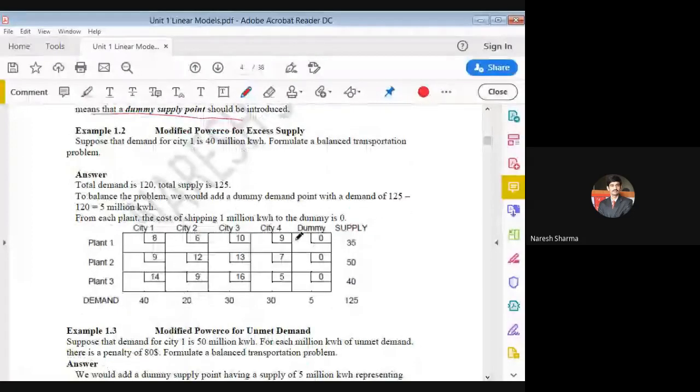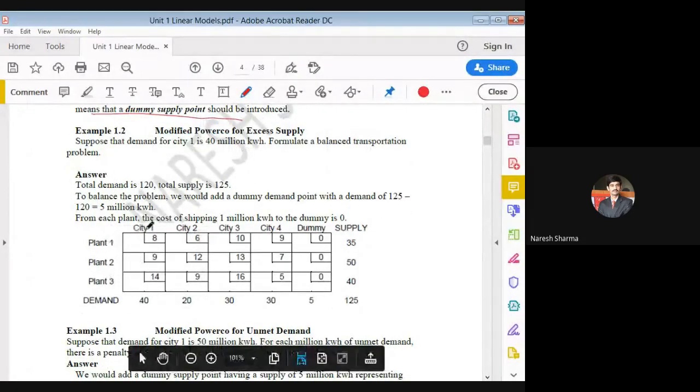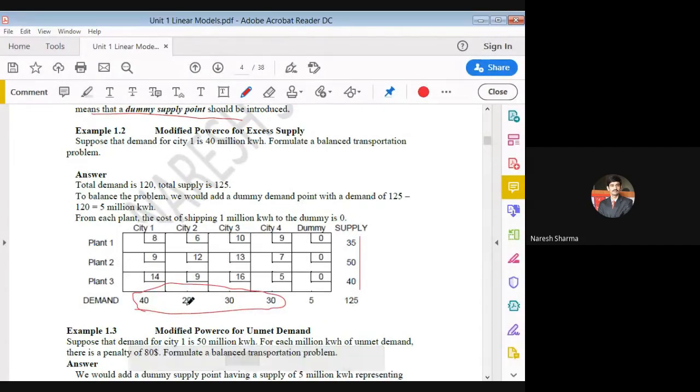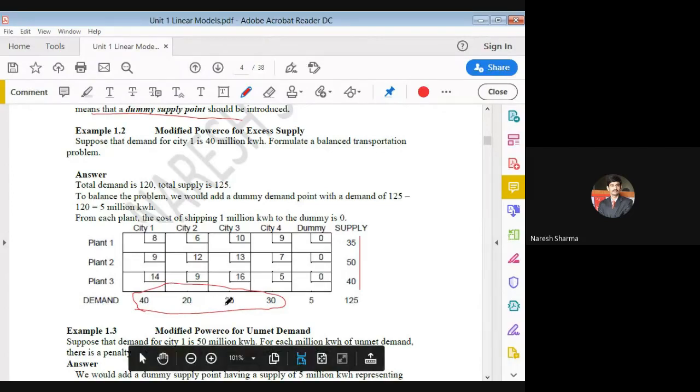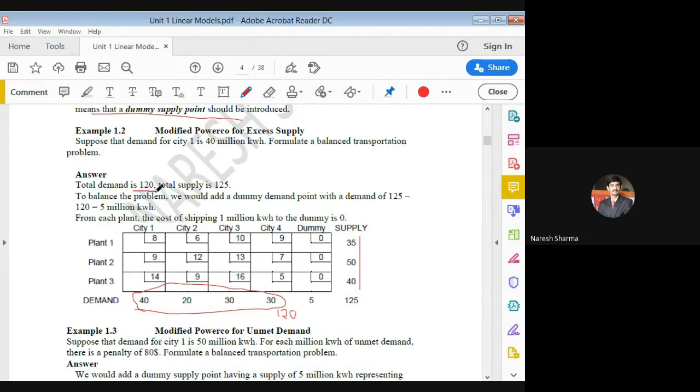Suppose this is your problem. We have 3 plants and 4 cities. The sum of the supplies is 125, but the demand is 46 plus 20 is 60, plus 30 is 90, plus 30 is 120. So here demand is 120, and supply is 125.